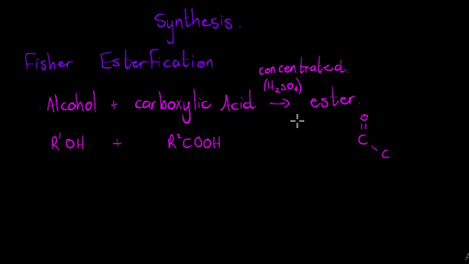And then the ester that is produced is a carbon double bonded to an oxygen, single bonded to another oxygen. Sorry, I messed up there. And then this oxygen has another valence electron that is now connected to the alcohol R1, and this carbon on this side is bonded to R2, the hydrocarbon chain that was associated with the carboxylic acid.